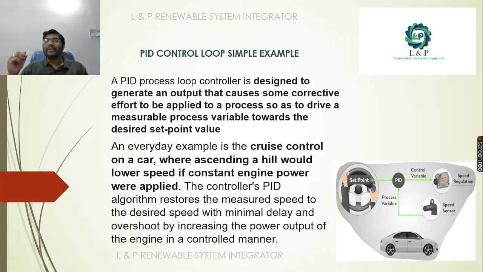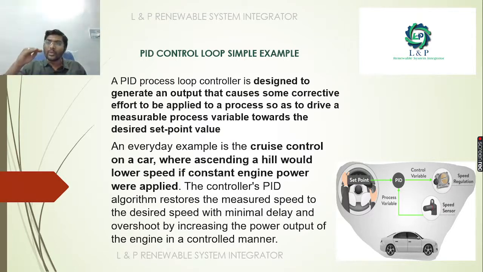The vehicle may face difficulty while ascending the hill. But if the cruise control is activated, the PID algorithm is activated. It will try to monitor and keep the control smooth. When you run your vehicle at 70 km/h, it runs smoothly over the hill. It will note down that 70 might be the set point, and we need to try to maintain the set point. So what will happen?